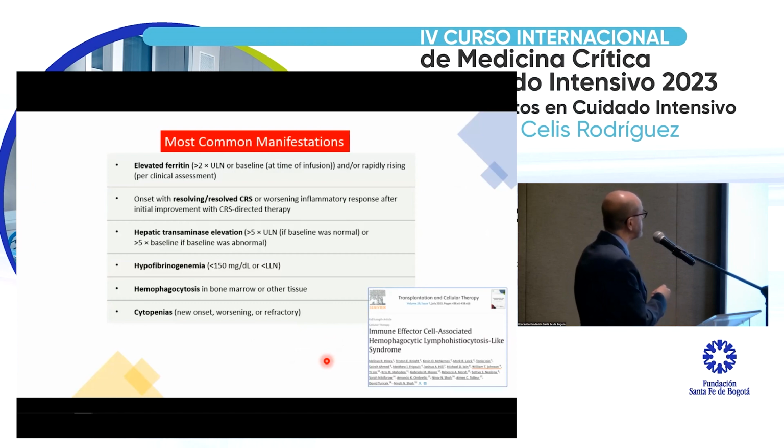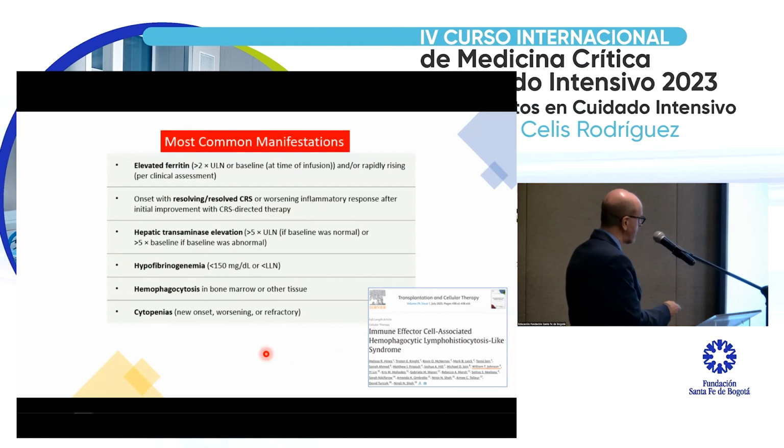The most common manifestation then, so we have it clear, is elevated ferritin, resolving or resolved CRS. The fever today is not considered one of the diagnostic features of this syndrome. Hypofibrinogenemia, hepatic transaminase elevation, hemophagocytosis in bone marrow or other tissue, and cytopenias.